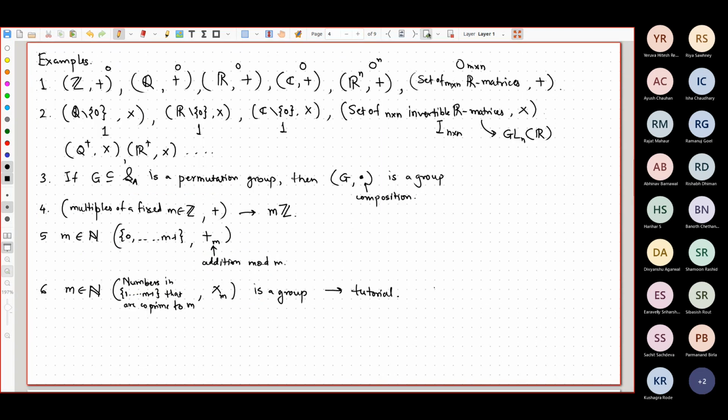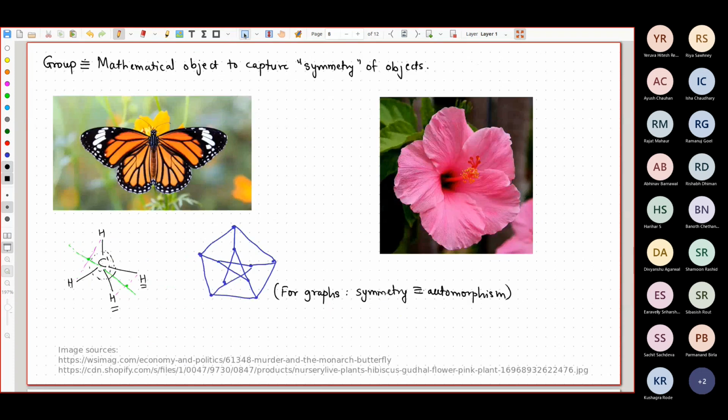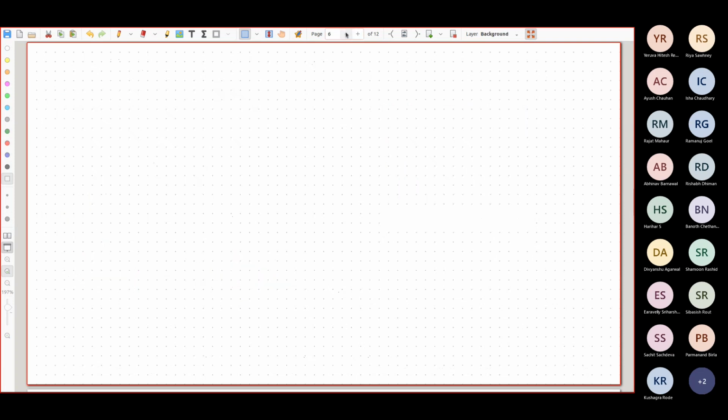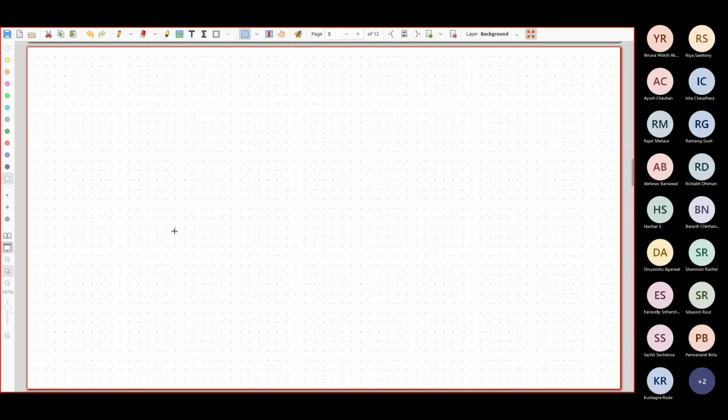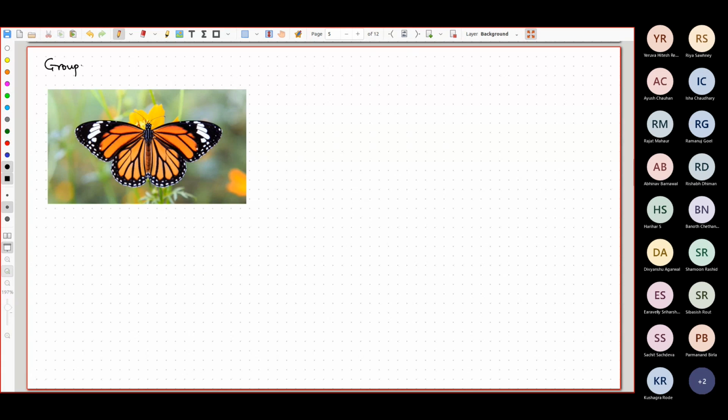So let me add some slides over here. Okay, so let's take this butterfly for now. Right. So if you observe this butterfly, then the intuitive question that we are trying to ask is what operations can I perform on this butterfly so that it still looks the same?